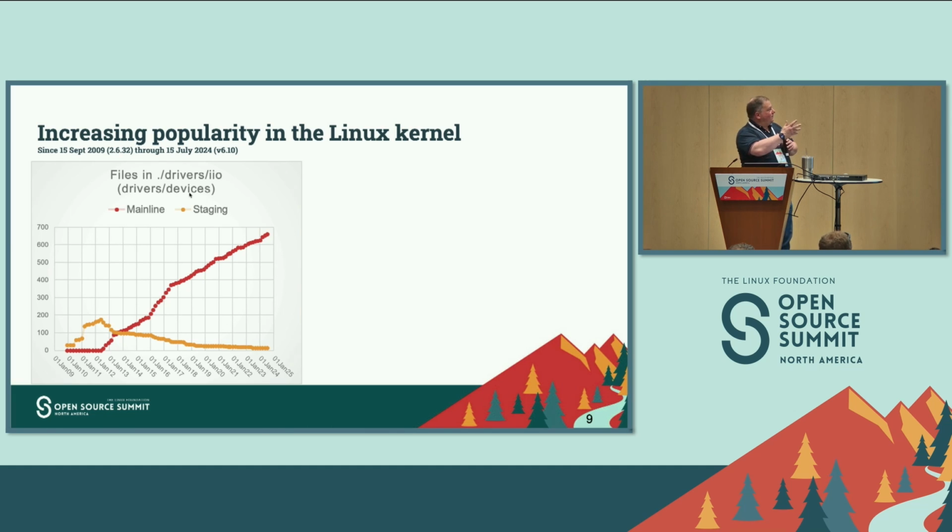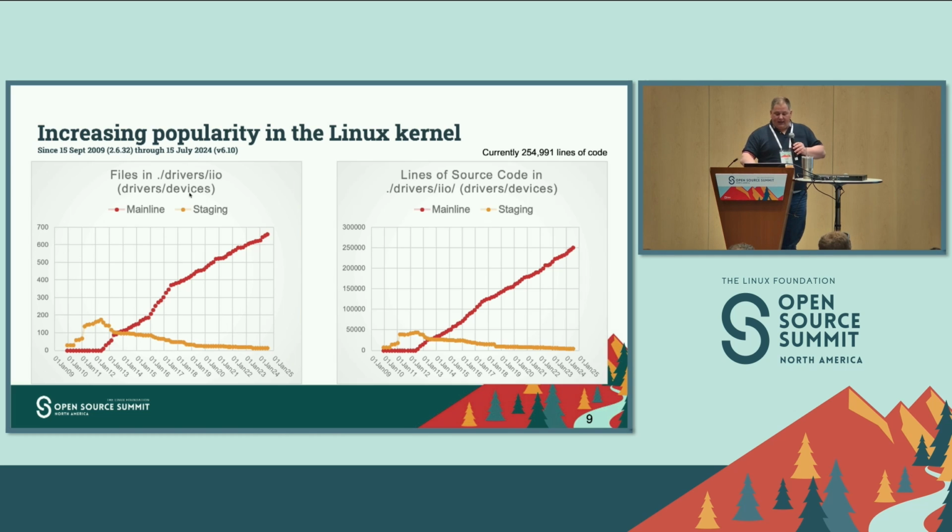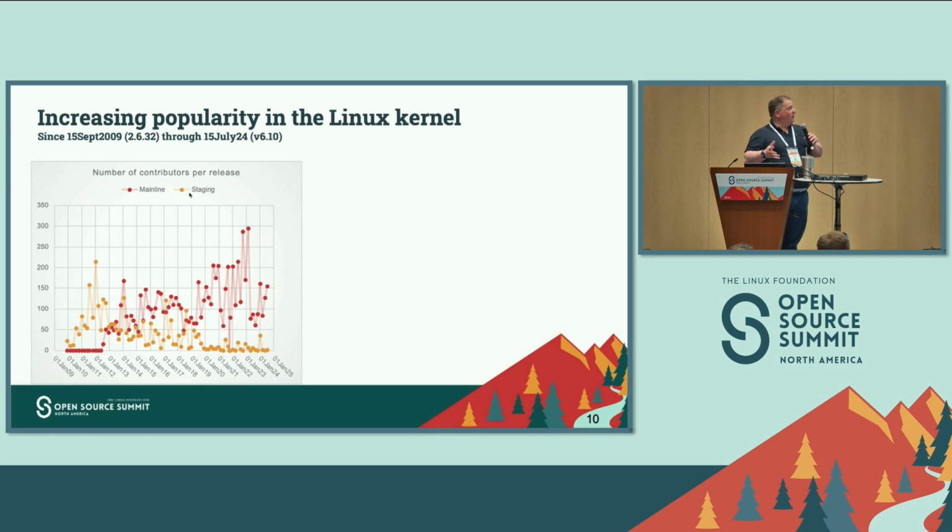You can see the number of files is almost 700 now, which equates to about 250,000 lines of source code, where one file will support 5 to 10 different devices.